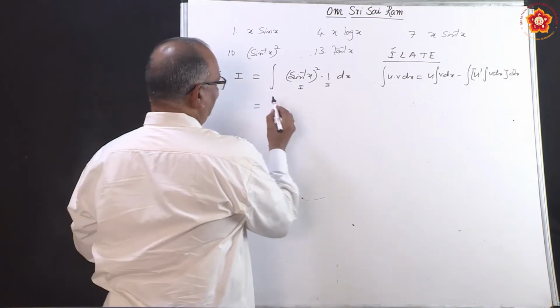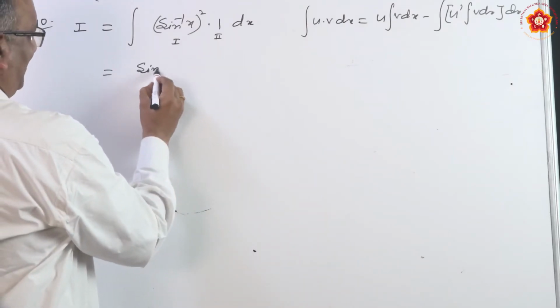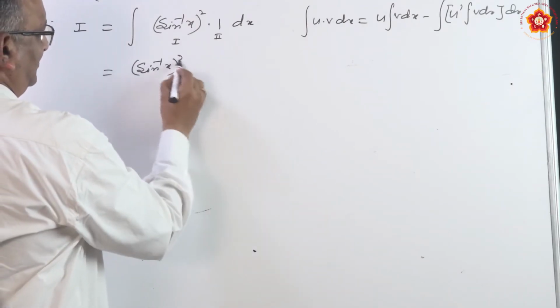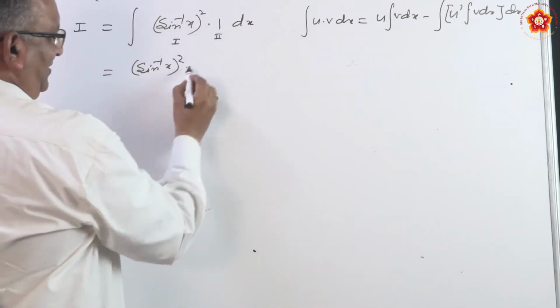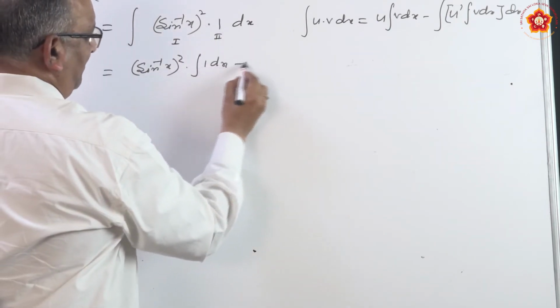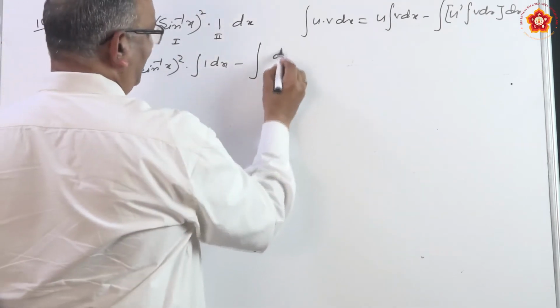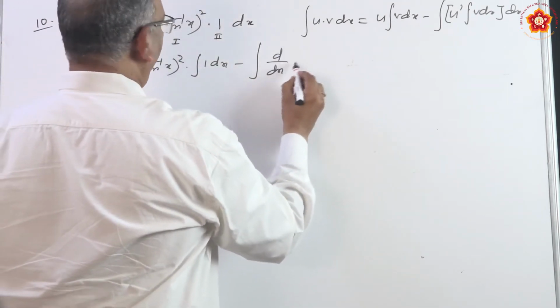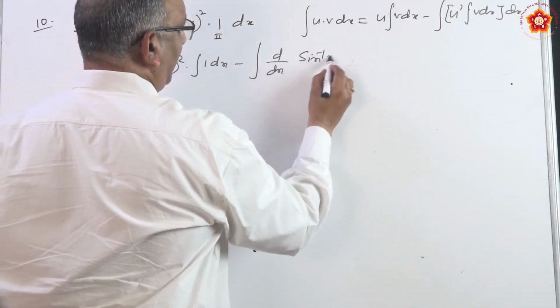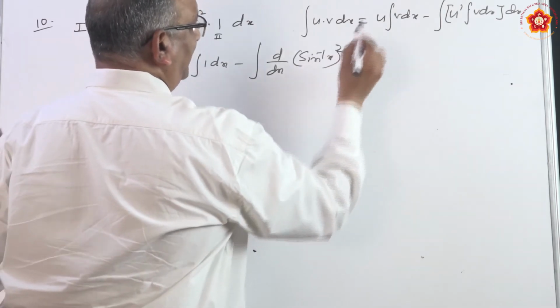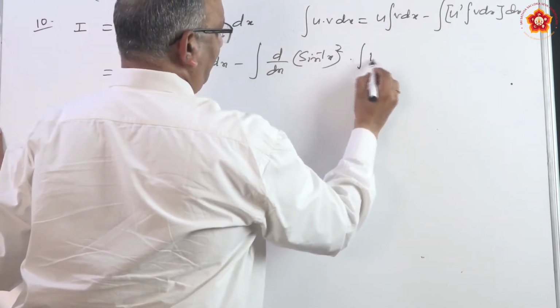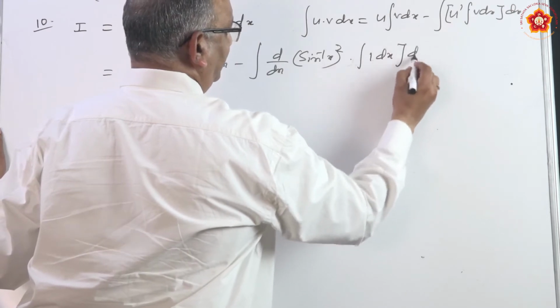So what will you get? First function, sine inverse x whole square, into integral of 1, minus integral of derivative of first into integral of second, whole integral.